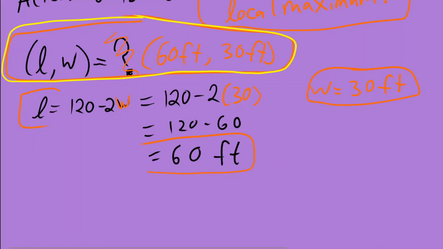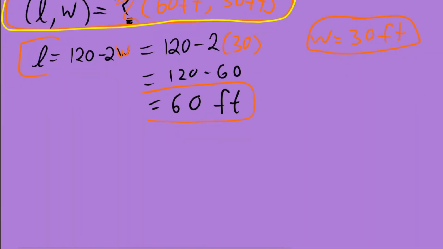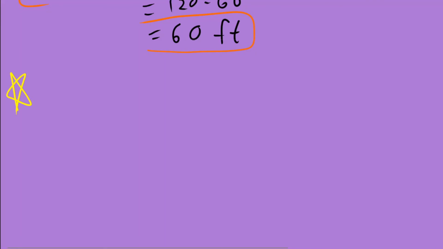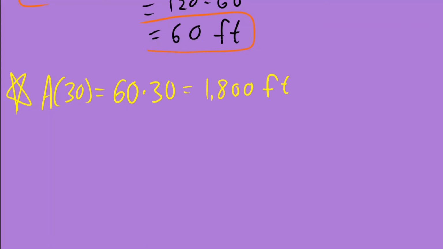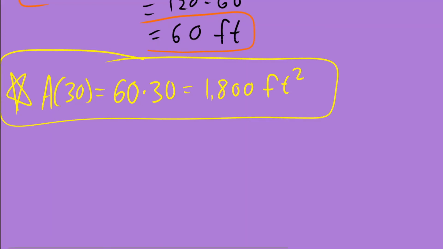Here, the parentheses and comma are important because they help tell us what order the length and the width are in. Now, as a bonus, we can find the maximized area by these dimensions. In particular, length times width, or 60 feet times 30 feet, which is 1,800 square feet.